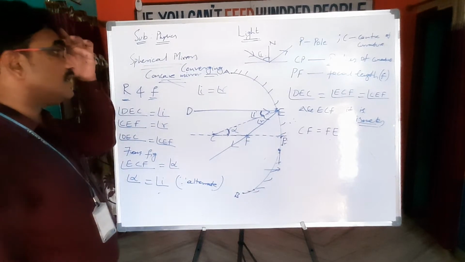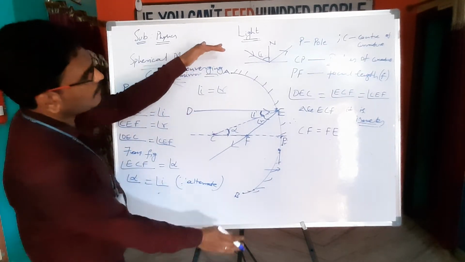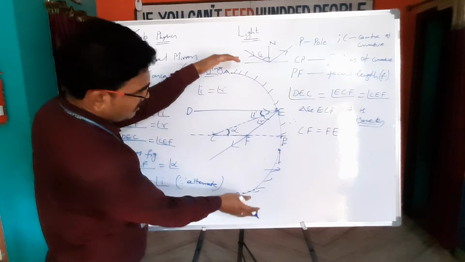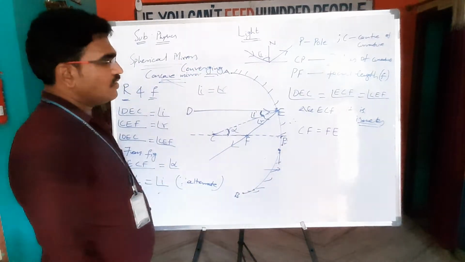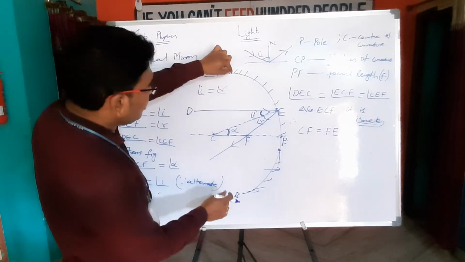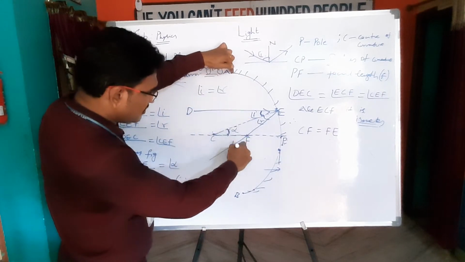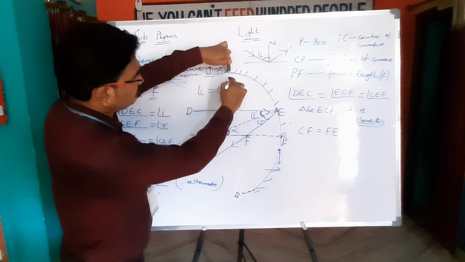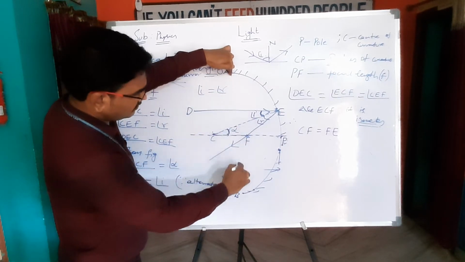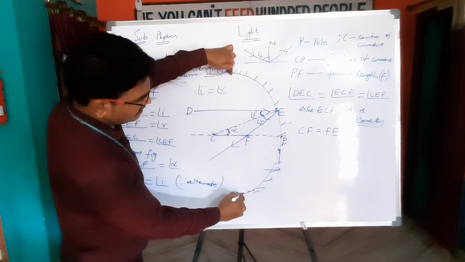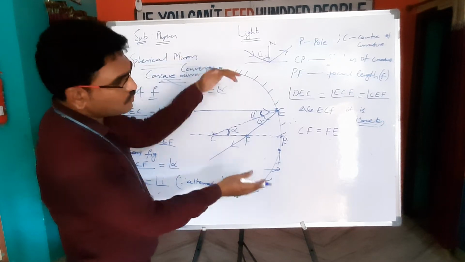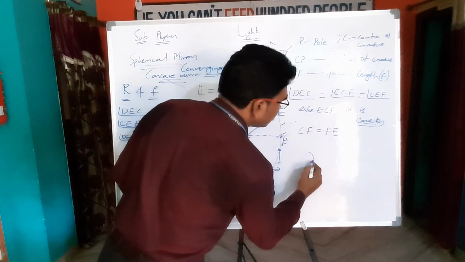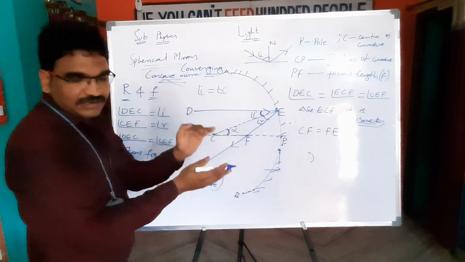Now I am coming to one condition. What is the condition? If the aperture AB is very small, meaning the length from A to B, this diameter, is very small like this. Like that we are making the aperture.